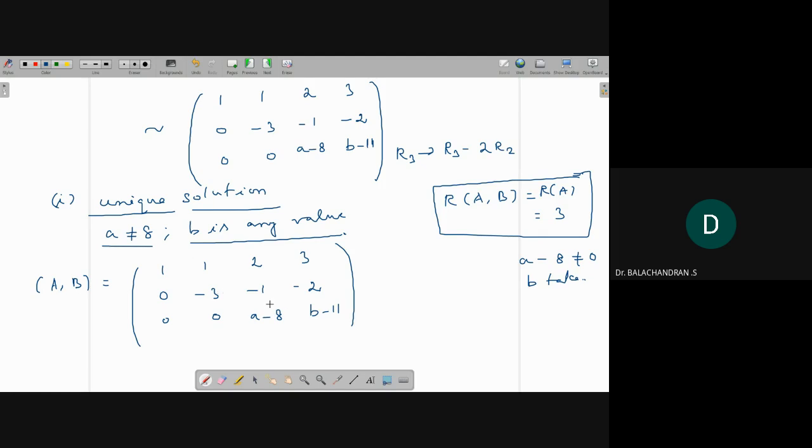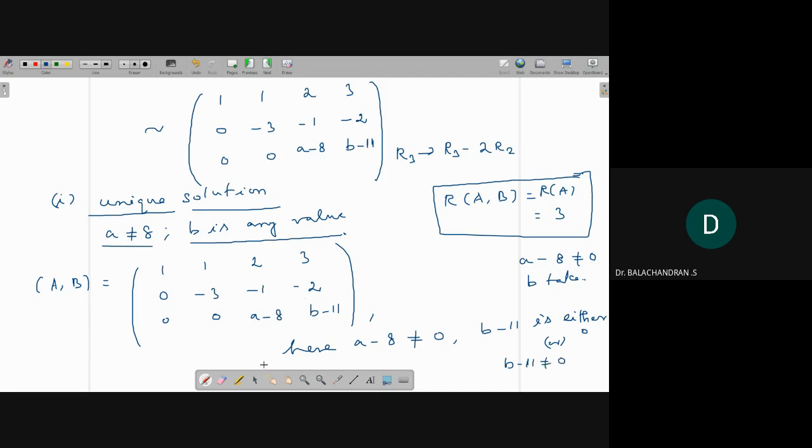A is not equal to 8, so A minus 8 is not equal to 0, because A is not equal to 8. But B minus 11 is either equal to 0 or not equal to 0, because B takes any value.